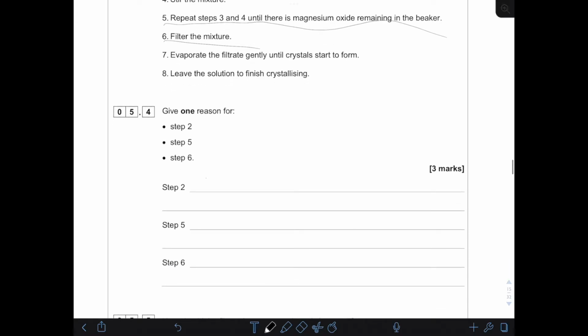So high T increases solubility of magnesium oxide. So write it in words if you can in the exam, but because I'm talking through it, I'm just going to write shorthand.